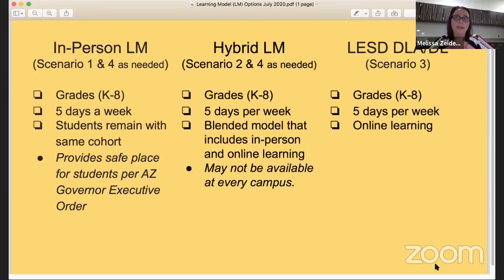At the end of the day, we can only do what we can afford to do for our families. And if we lost $2 million plus a potential $6 million, that would be devastating to our district. So I think it's important that people know that we're not making these decisions lightly, that we are really trying to take into account everything about what's best for kids.